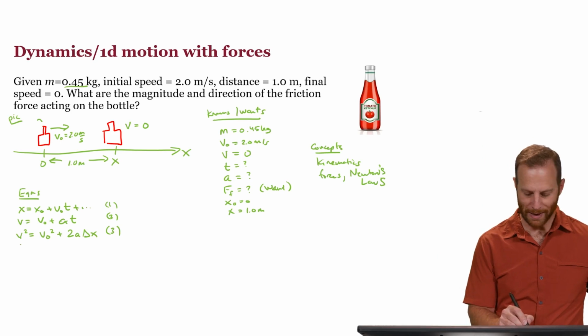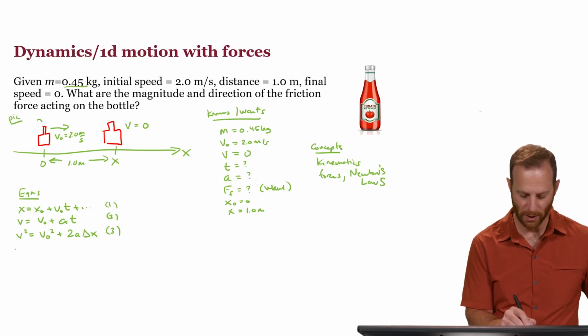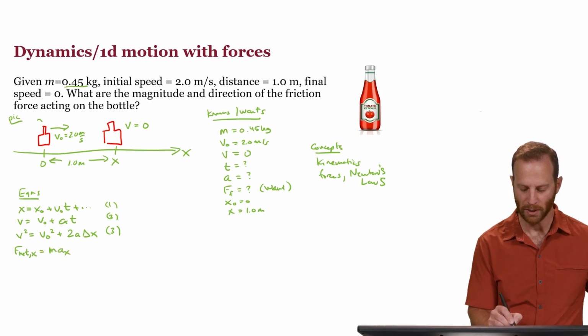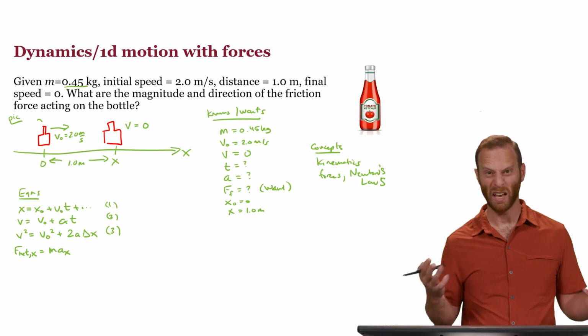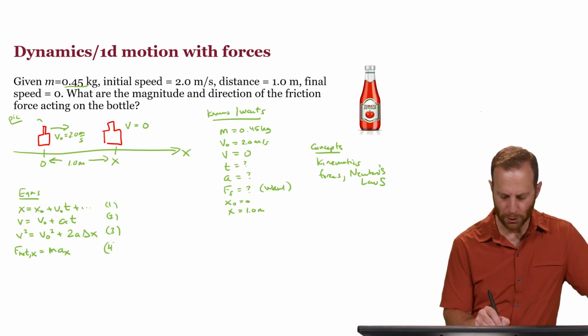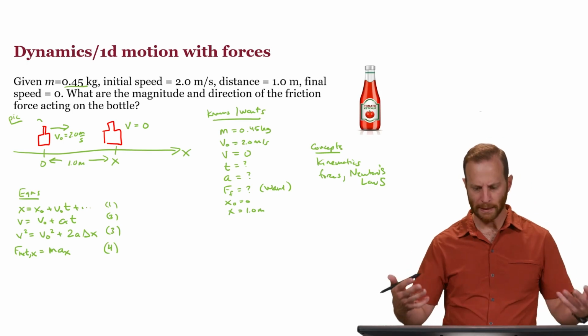In other words, net force equals mass times acceleration, which I'll write as the net force in the x direction equals mass times the acceleration in the x direction, since we only have motion in one dimension. Those four equations should be enough to get us to the end.